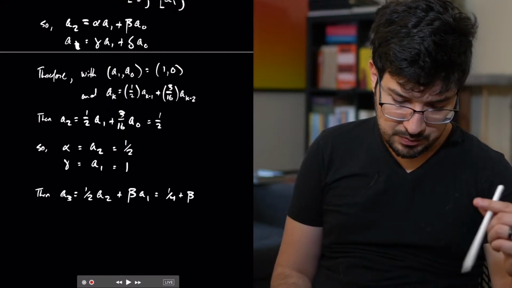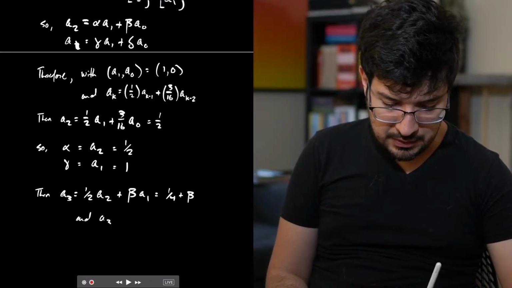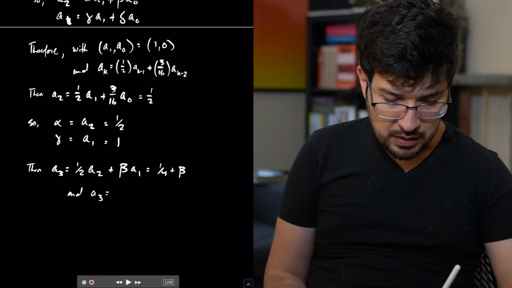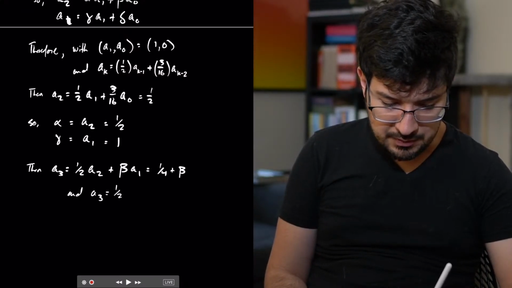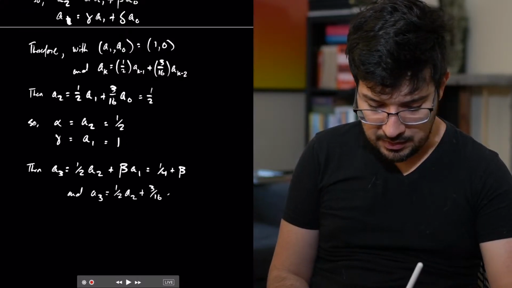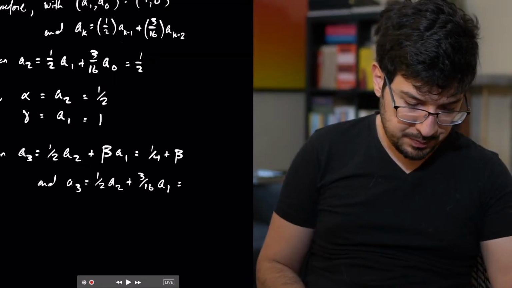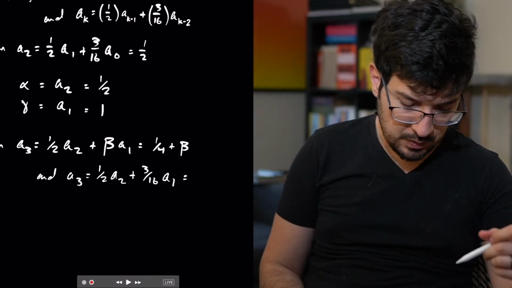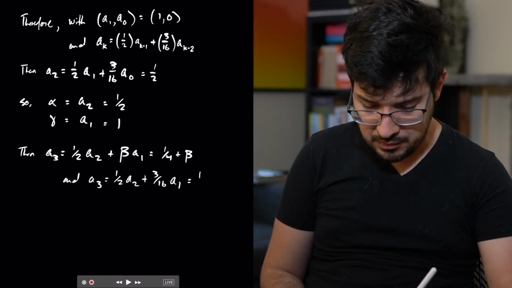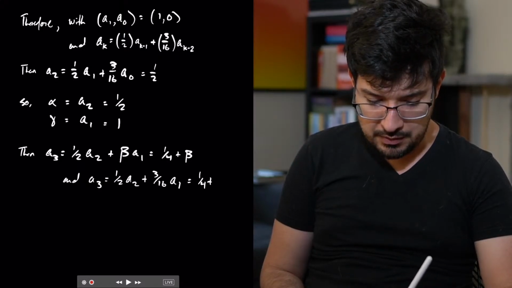Oh yeah, and A3 equals 1/2 times A2 plus 3/16 times A1, which is 1/2 times 1/2 and 3/16 times 1.